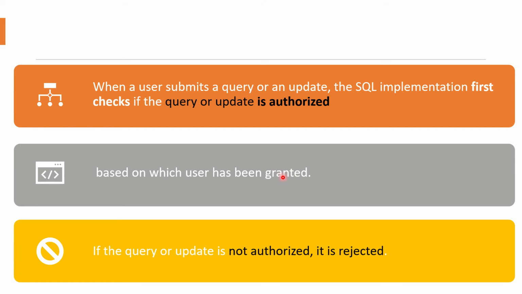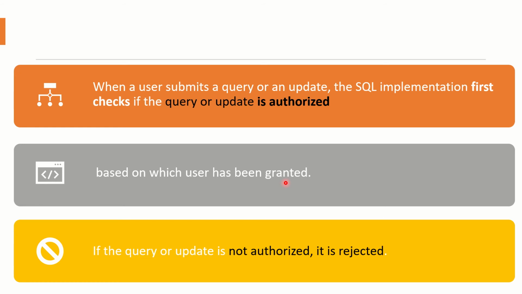For example, if I am a user, and I have been given the right to modify the data, suppose I am writing a command in order to retrieve data from the database. First of all, SQL will check whether I have the right to select data from a database. No, I don't have that privilege.